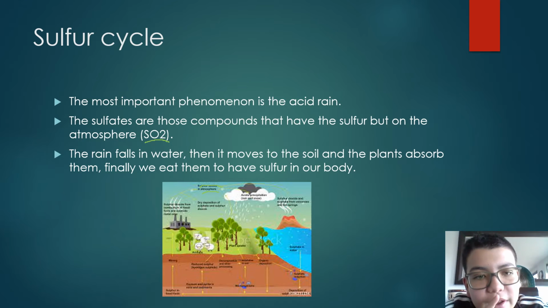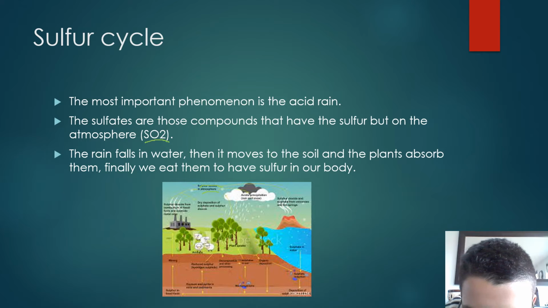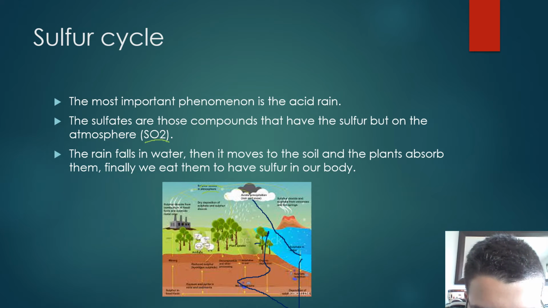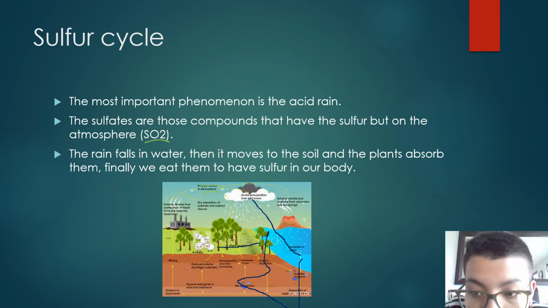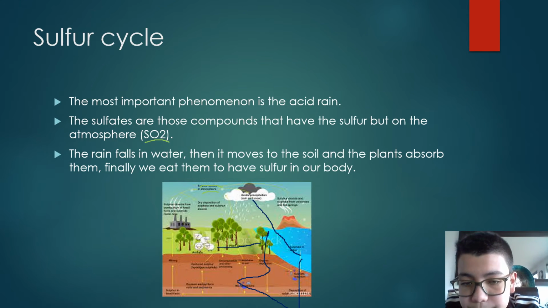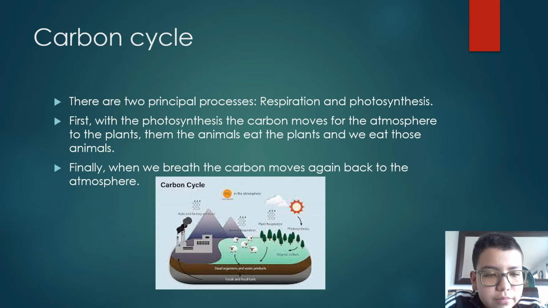Now we have that the rain falls in the water, then it moves to the soil. See here, the rain falls here, then the water moves to the soil. See, and now with the plants we have the photosynthesis, the plants absorb them. Finally we eat them to have sulfur in our body, like I am gonna explain to you better with the carbon cycle.